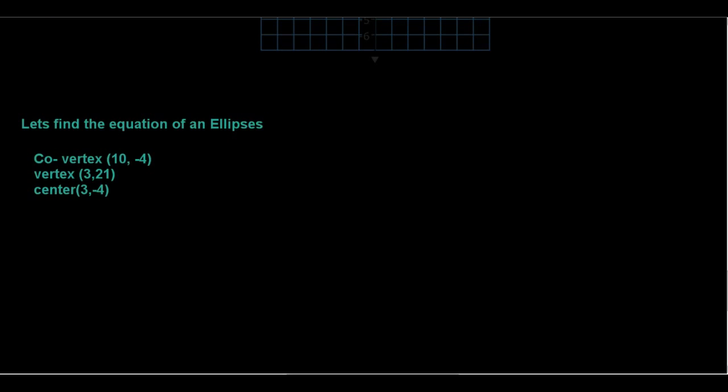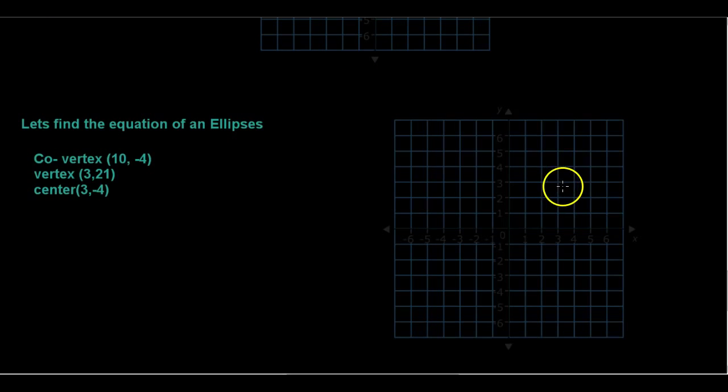Sorry guys, this actually should have been up here. So we know that this co-vertex is 7 away. Since that's there, the stretch factor is going to be 49 under the x component.